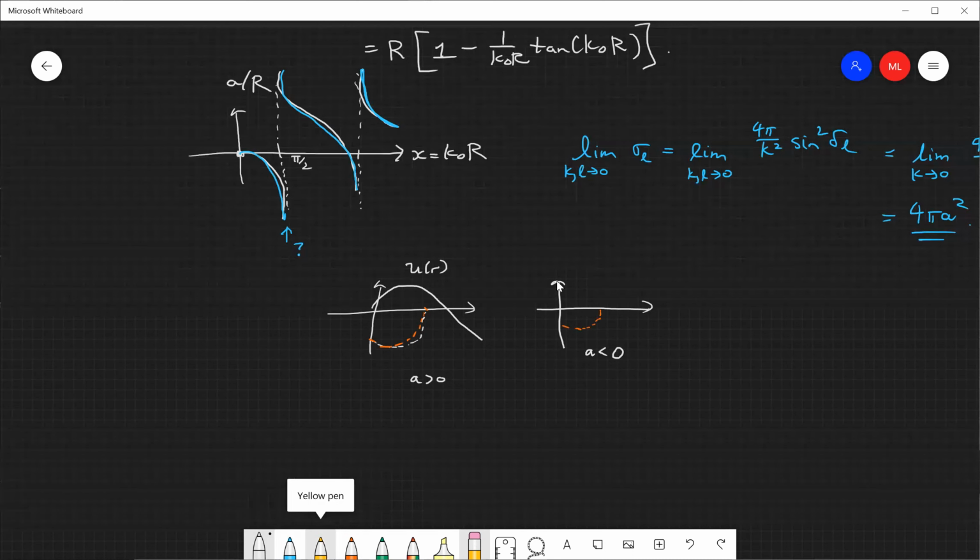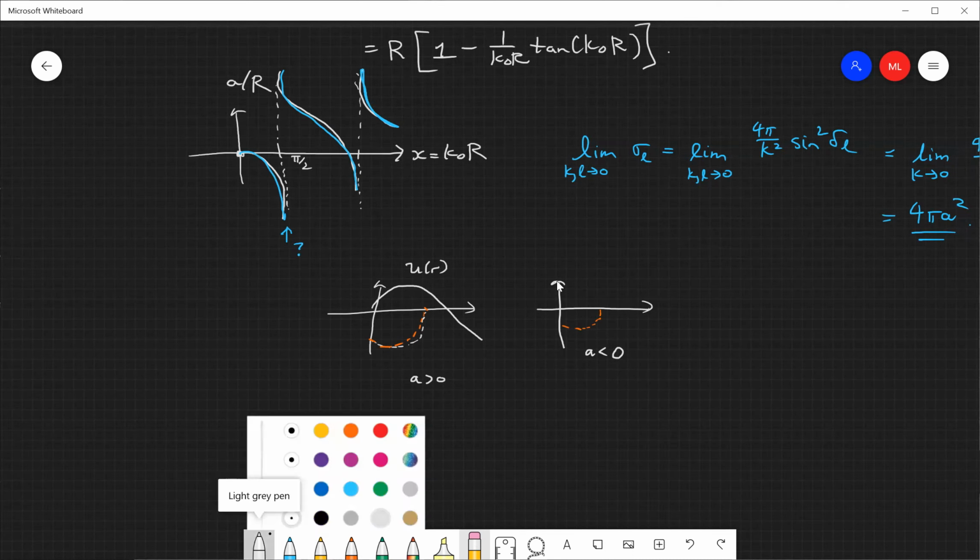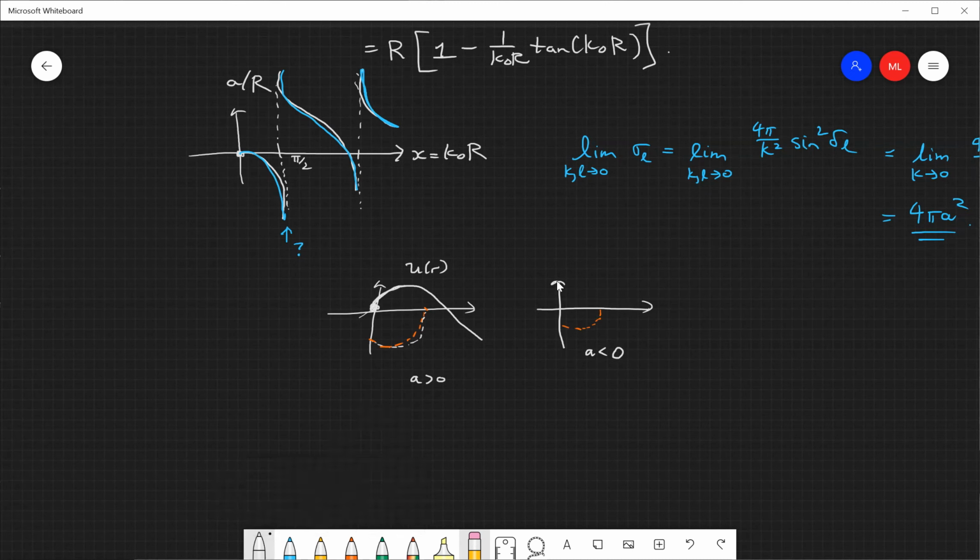What your radial wave functions look like in that case, so this has to go to 0 here, is like this, and they come in sharply here. There's a lot of density inside the well, because it's almost trying to form this bound state. It's almost trying to turn over like this and make a little bound state shape, but it can't quite do it. And so the scattering length in some sense tells you about this extrapolation length.